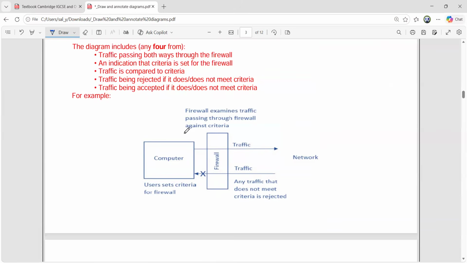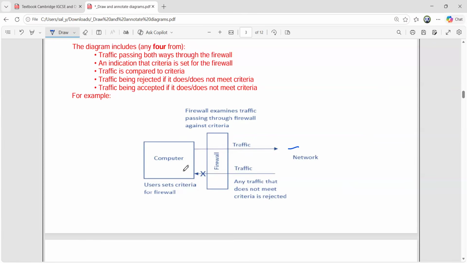And here again, this is a marking scheme answer that we have drawn. Computer, a firewall, and this is your network. And this firewall is going to be accepting if, for example, the traffic is meeting the criteria. And it will be rejected if the traffic is not meeting the criteria.